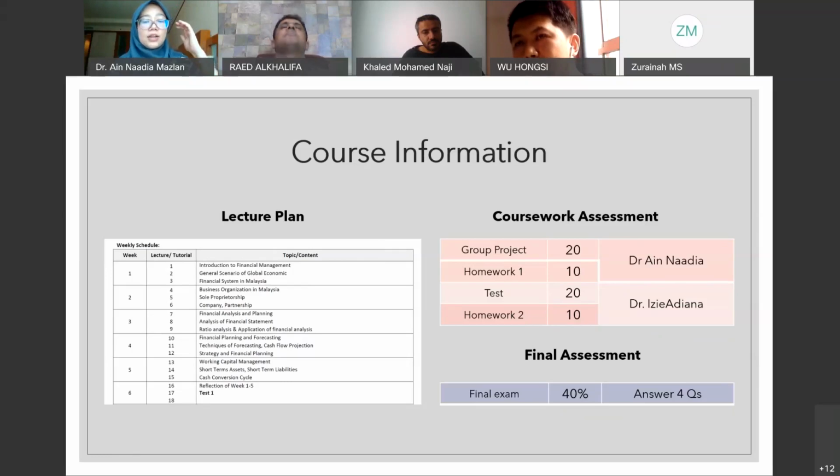The coursework will be divided into 2. The first one is with me, which is the group project and also homework. The group project will have 20% of your marks and homework will carry 10% of your marks. Dr. Izzy Adiana will bring tests in his or her class, so 20% for test marks, and they will also have homework at 10%.